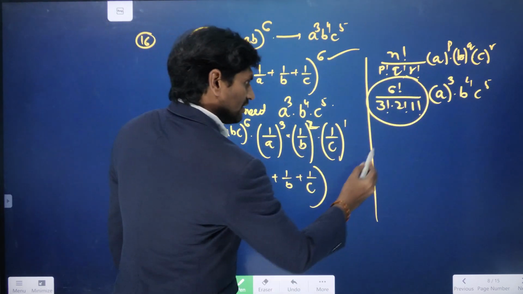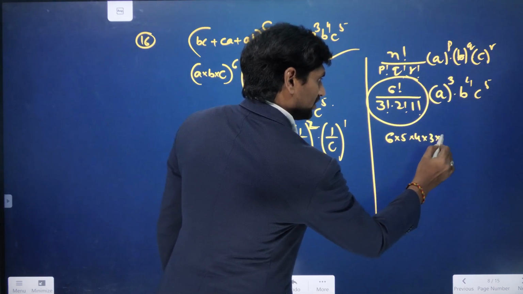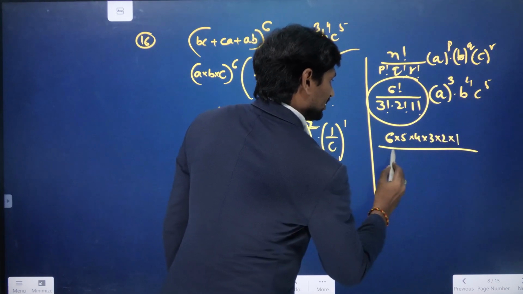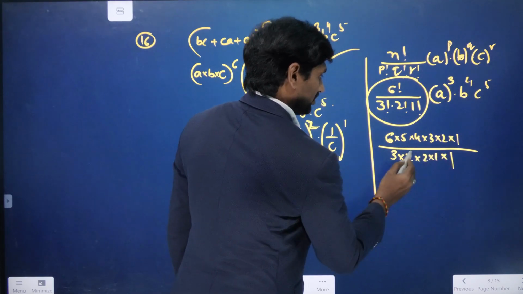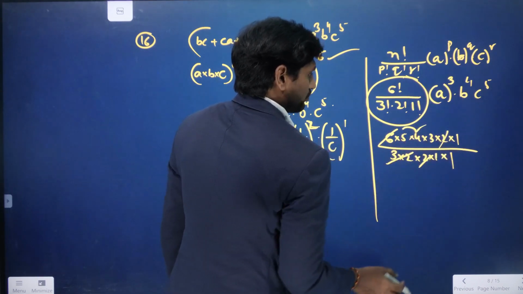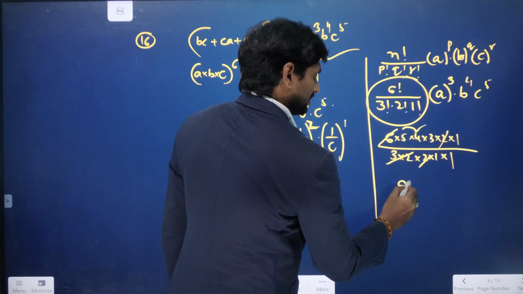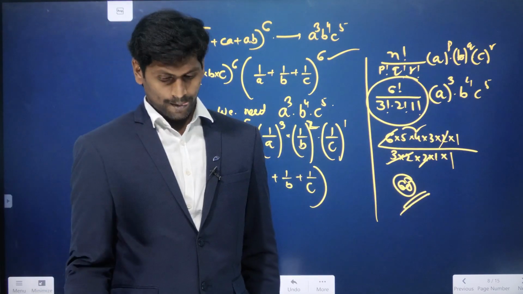So 6 factorial means 6, 5, 4, 3, 2 and 1. 3 factorial is nothing but 3 into 2. 2 factorial means 2 into 1. 1 factorial means 1. 3 twos are 6, here 2 cancels. 5 4s are 20, 20 3s are 60. This will be the answer.